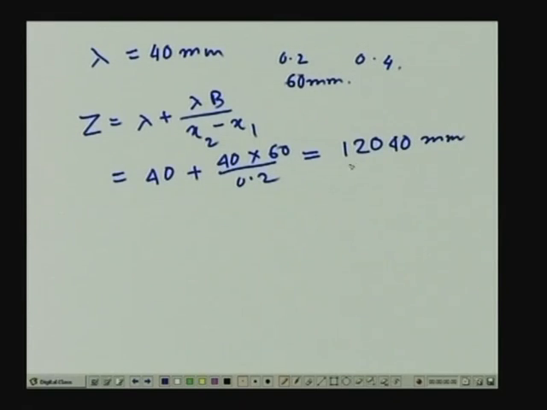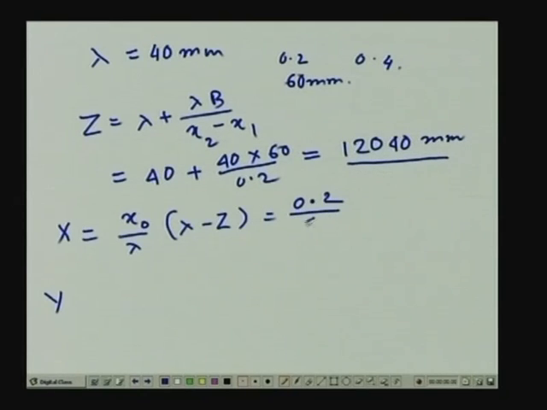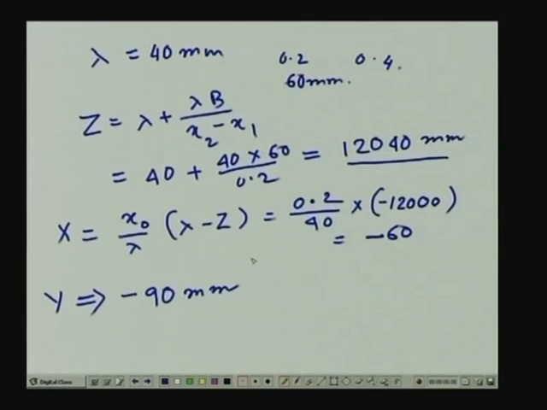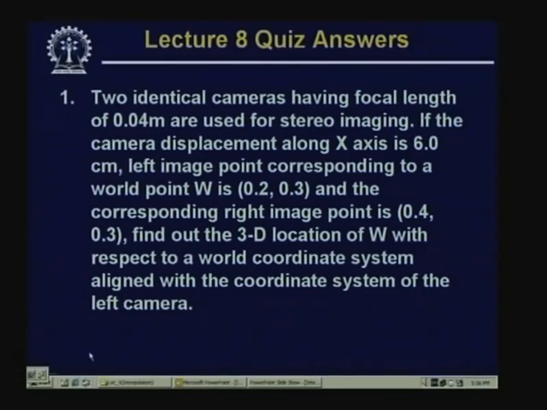So, this is the value of z, that is the depth information, and once I have the value of z, then the 3D coordinates x and y can be computed from this value of z. So, x is nothing but x naught by lambda into lambda minus z, which is nothing but 0.2 upon 40 into minus 12000, which is equal to minus 60 millimeter, and by applying the same procedure, you can find out y equal to minus 90 millimeter. So, this is about the first question.